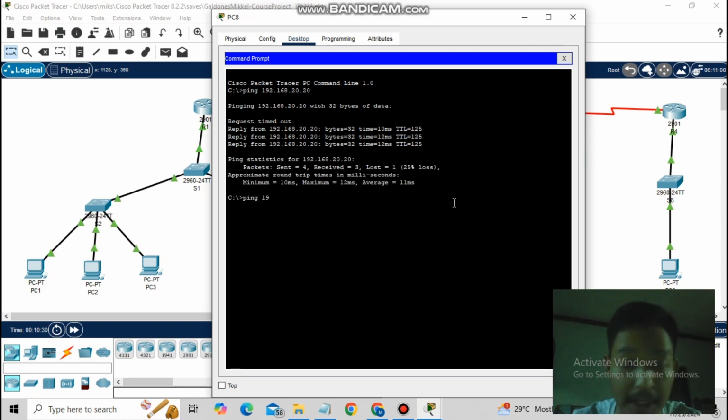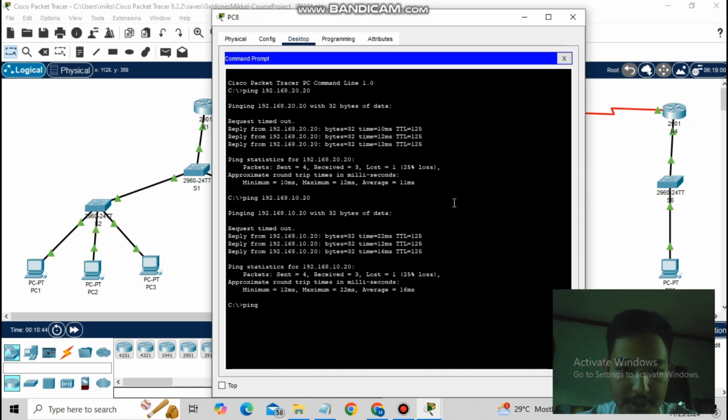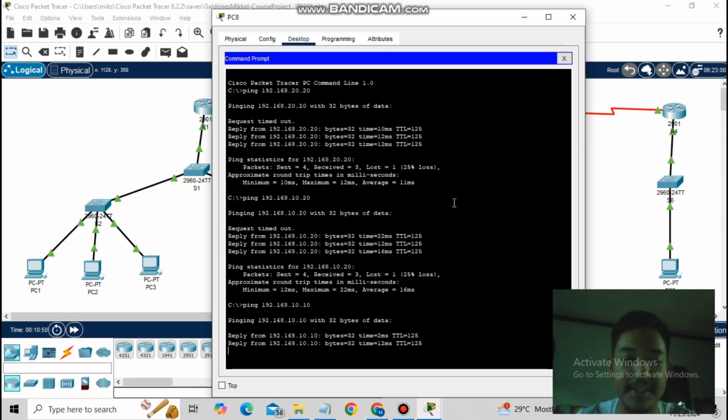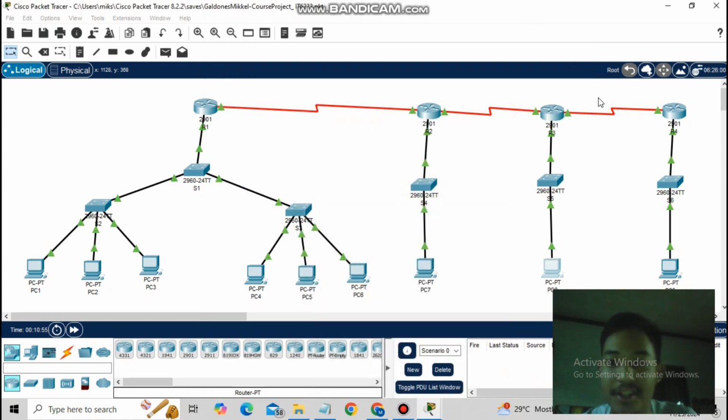Now let us try pinging PC6 from PC8, and it is also a relative success. So why don't we try pinging the furthermost PC, PC1, from PC8? And it is an immediate and complete success since we got a 100% received rate.